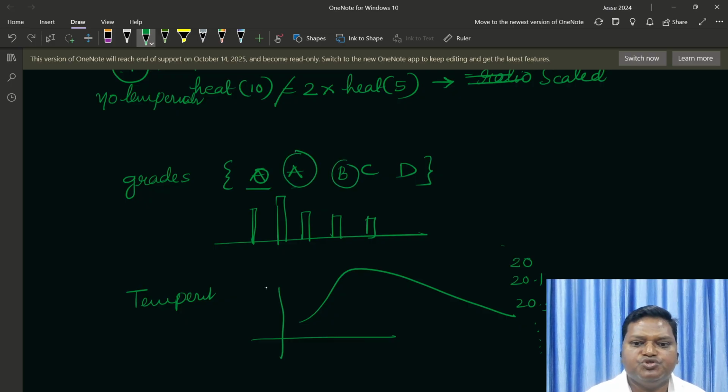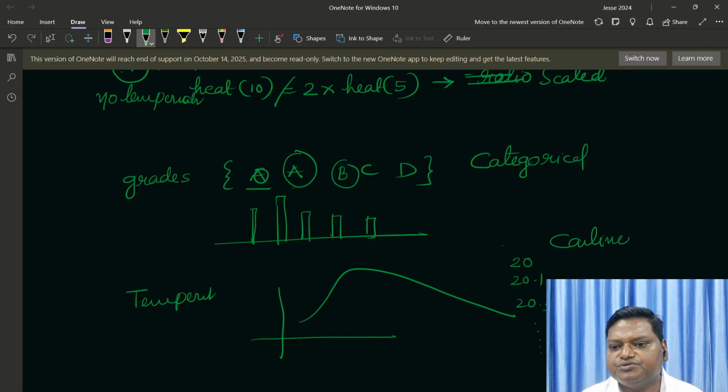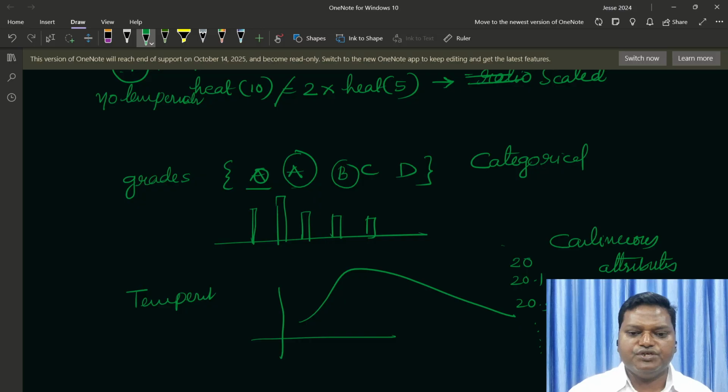So attributes with a definite set of values are known as categorical attributes, and these are known as continuous attributes. What will be the temperature tomorrow is a continuous attribute. Whether India will win a cricket match tomorrow or not is a categorical attribute.